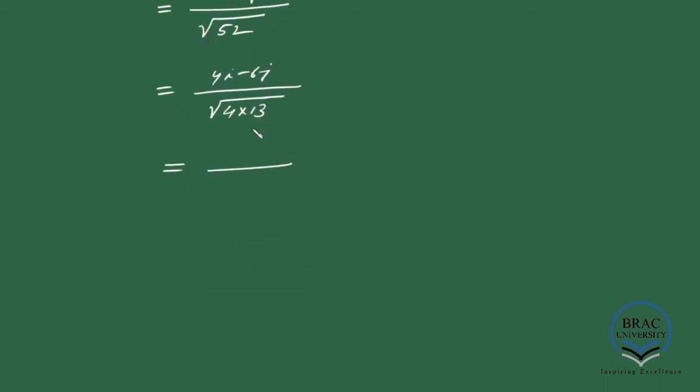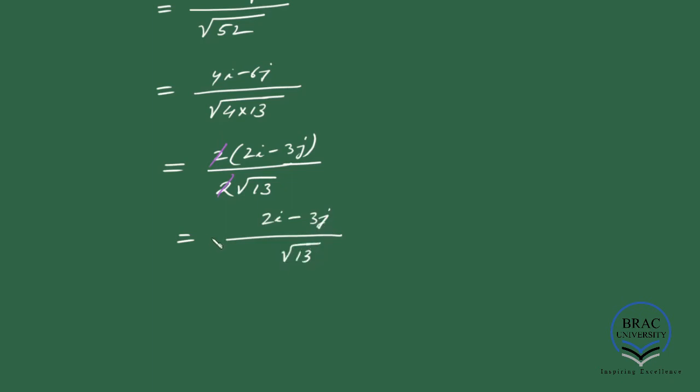Now we can factor a 2 from the numerator. Then we can write 2 times (2i minus 3j) divided by, if we take out the 4, 2 times the square root of 13. Now these 2s cancel each other out. We're going to be left with 2i minus 3j divided by the square root of 13.